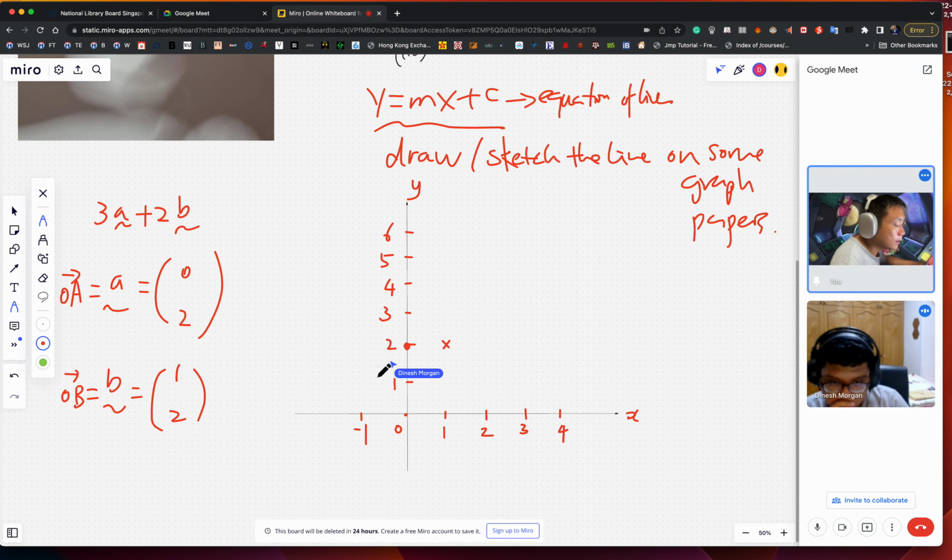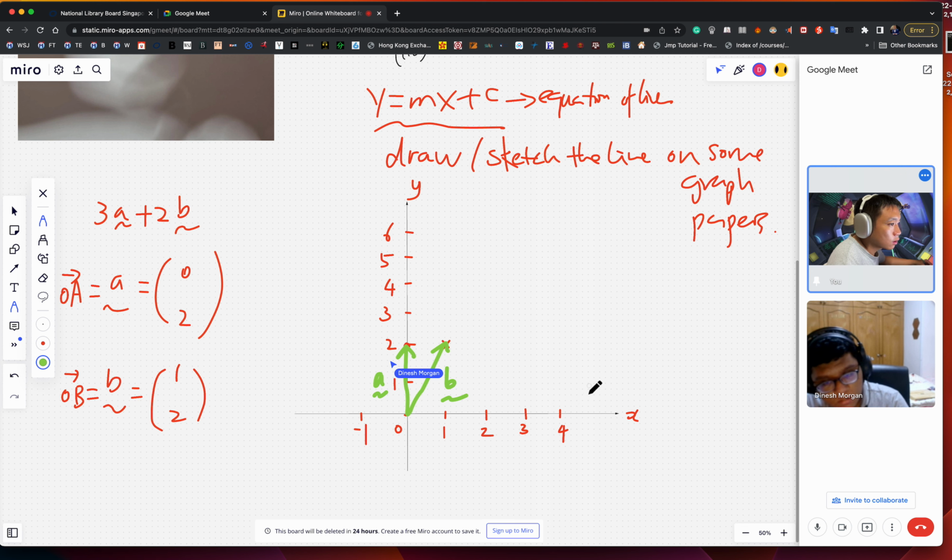So I can use a different color: OA, and then this is your OB. I can use this to represent OA, and use this to represent OB.